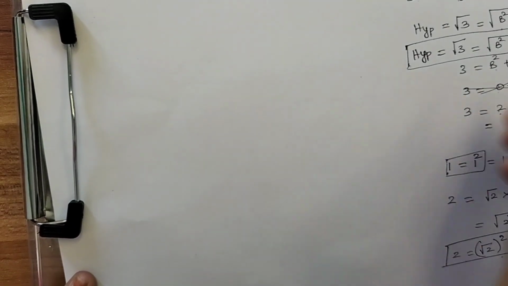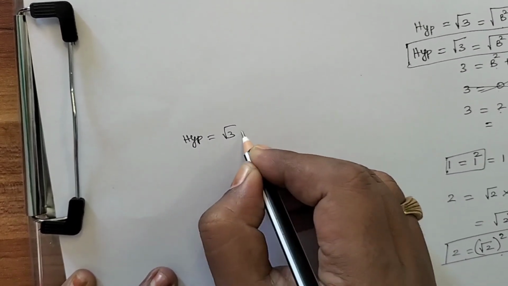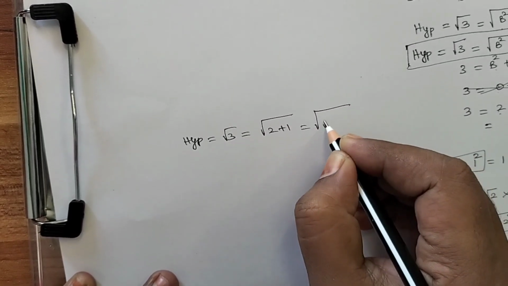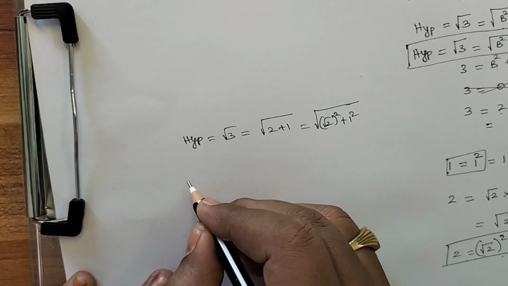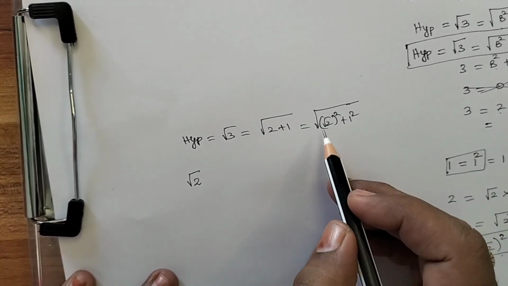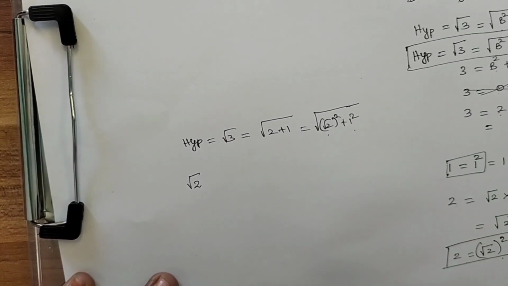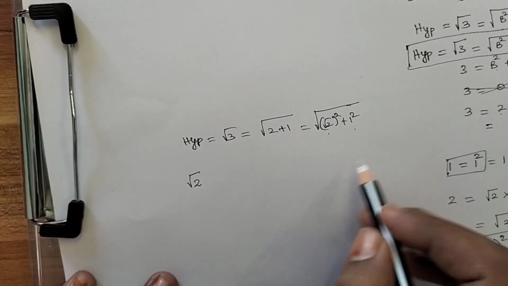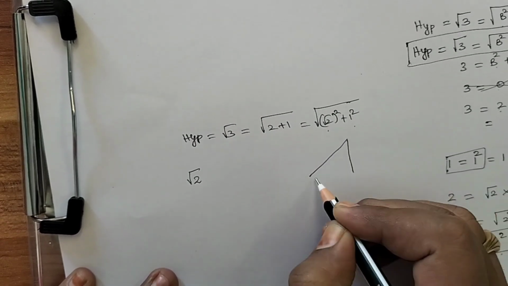Now I have to consider hypotenuse is equal to root 3, which is nothing but 2 plus 1. This I have determined as root 2 the whole square plus 1 square. Now root 2 I have to locate on the number line first, because base is root 2, height is 1. Again I cannot measure directly with the scale. So root 2 I have to consider using your Pythagoras theorem.